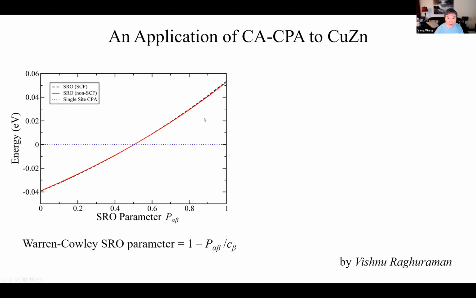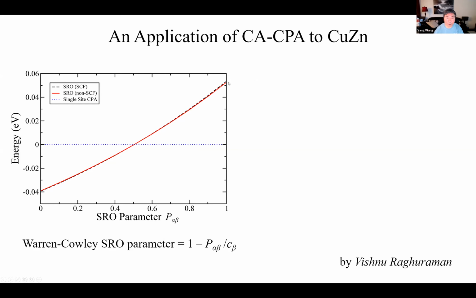And turns out the CPA medium, see this dashed line? The effective medium is calculated self-consistently with a cluster embedding.